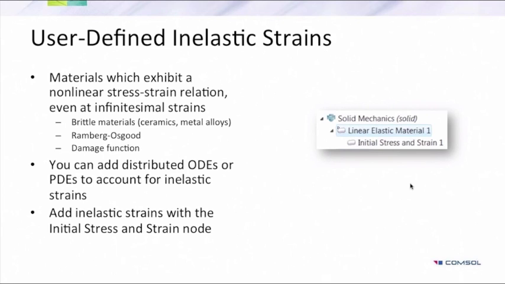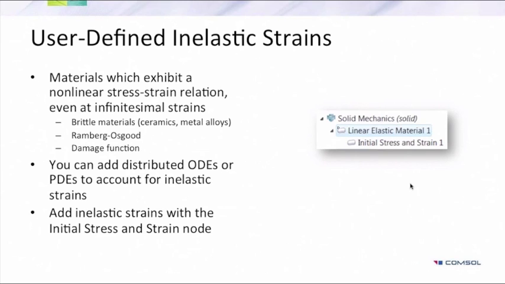In case you deal with materials where the inelastic strains are calculated with different relations than those which are defined in the module, those materials can be different brittle materials, or for example the Ramberg-Osgood material that experiences plasticity at already very small stresses.